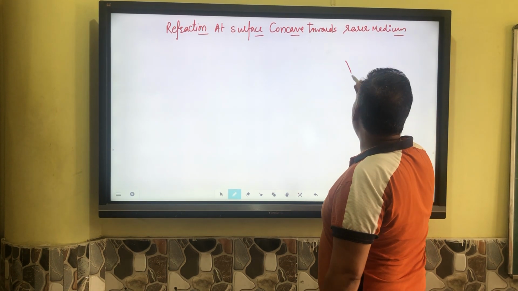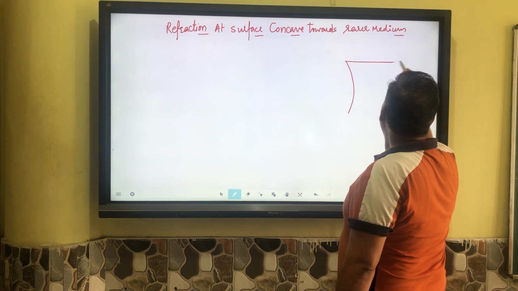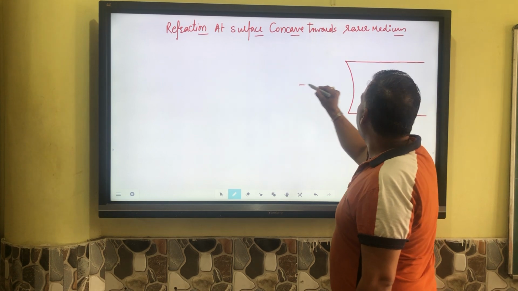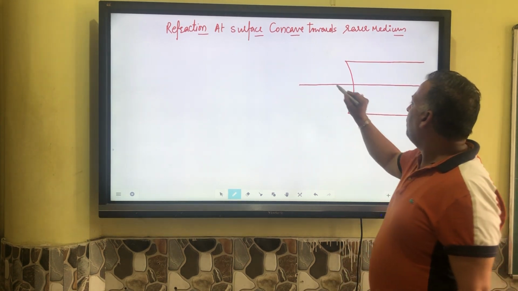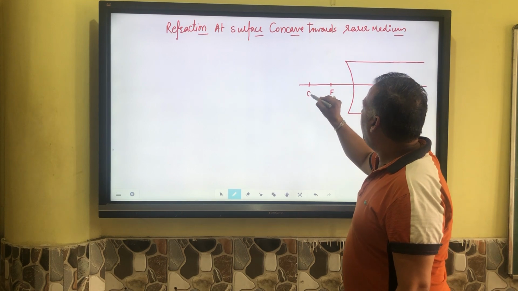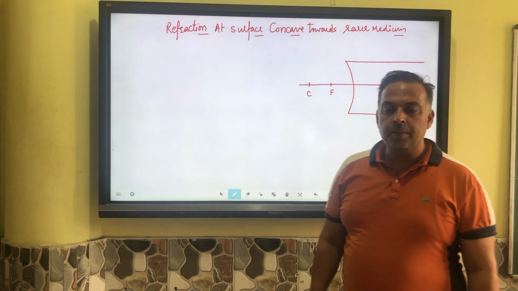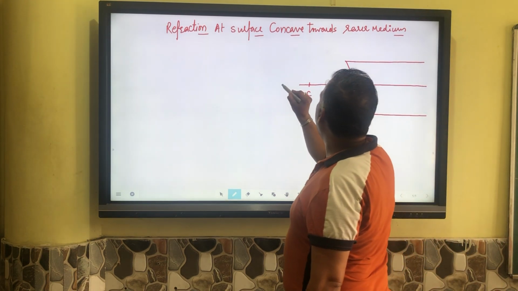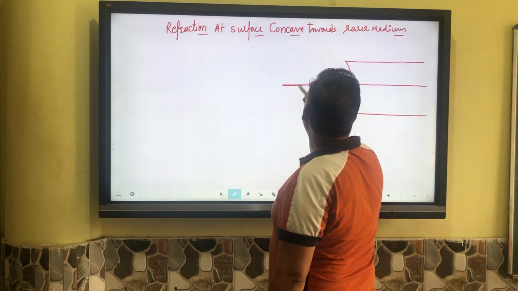First I will try this. This is a concave surface, this is the principal axis, this was the focus, this was the center, and we are placing an object here.